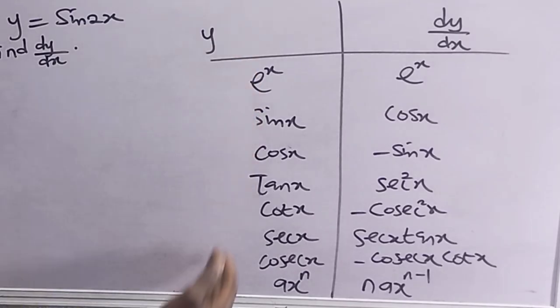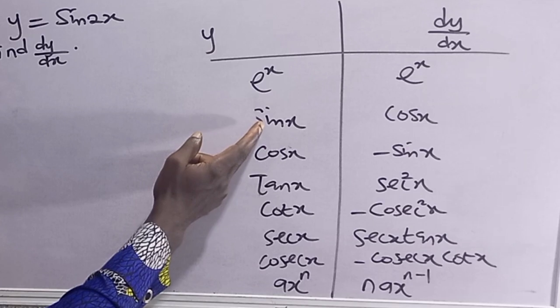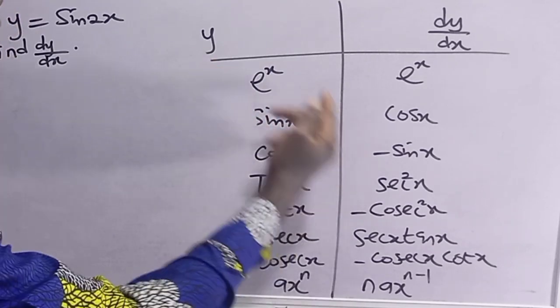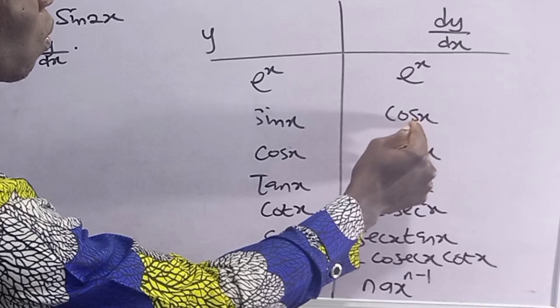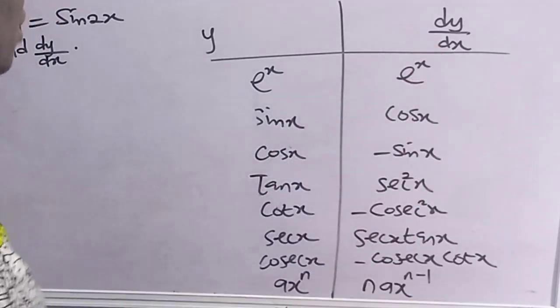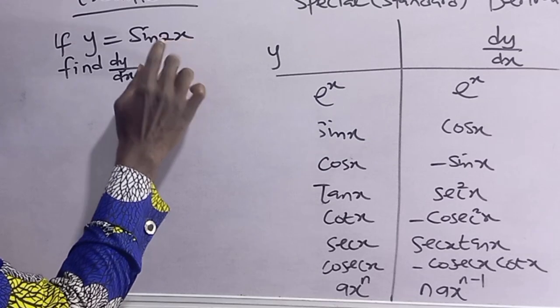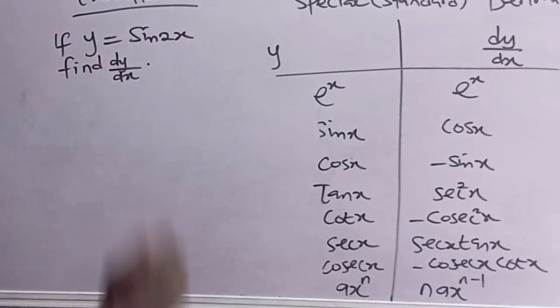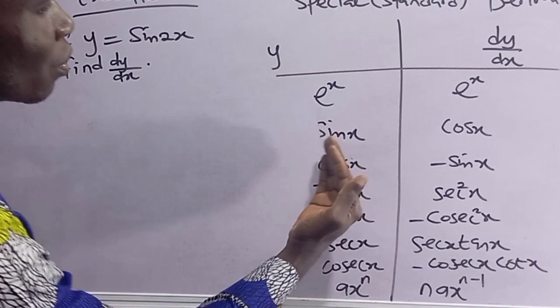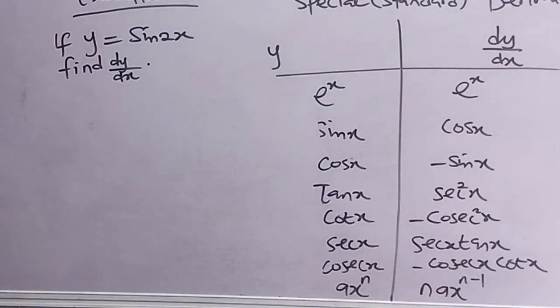If you look at this table carefully, we have if y is equal to sine x, single term, dy over dx is equal to cos x, single term. We have single terms here and single terms here, but here we're having a double 2x. So the first step is to make it a single term so that these rules can be applicable.